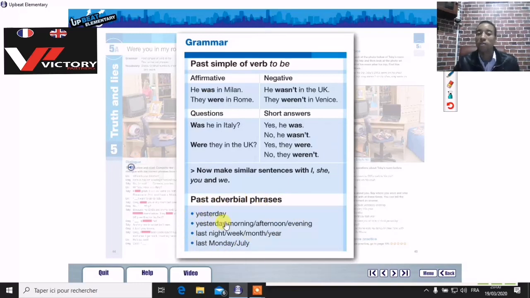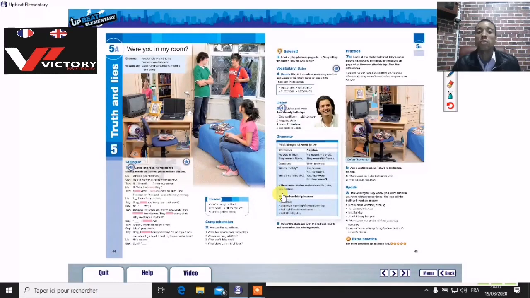And we have here yesterday, yesterday morning, afternoon, last night, last week, last month, last year, last Monday, last July, last summer, in 1995, in 2000, etc. So different expressions to use so that you can talk about the past with the verb be.